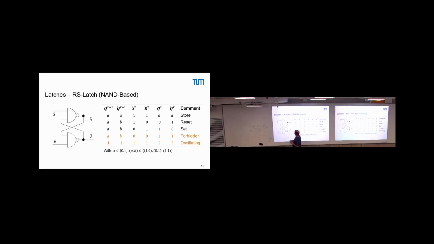So if we have here 1, 1, then we should here at the input also have 1, 1. Yeah? So that's our previous state. Now if we have here 1, 1, and here 1, 1, the output for 1, 1 should be a 0. So this here becomes a 0. If the input of the NAND gate is a 0, output should be a 1, right?